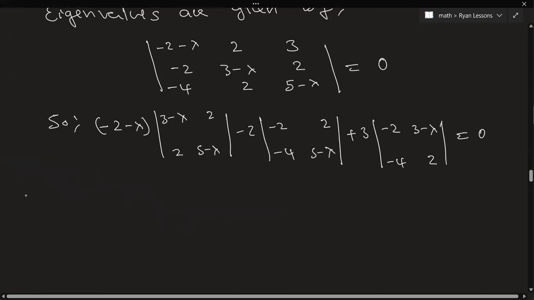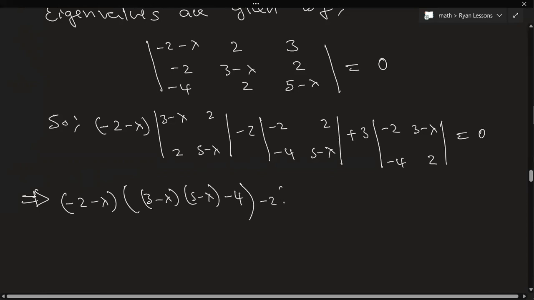We keep negative 2 minus lambda, and inside we have the product 3 minus lambda times 5 minus lambda, minus 4.